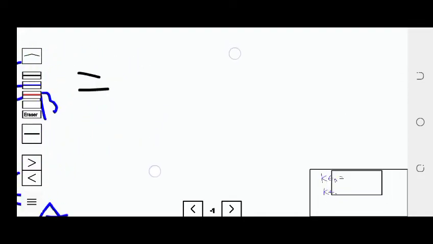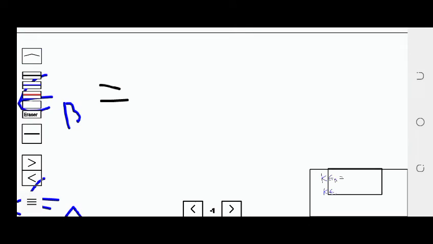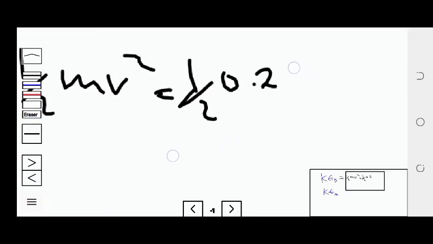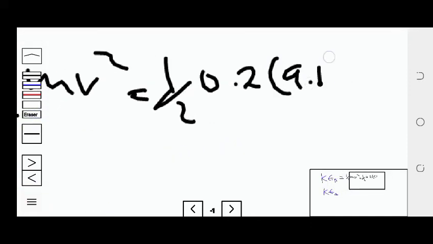So before the collision, the kinetic energy is half mv squared, which is half of 0.2 multiplied by 9.1 squared, and this gives us 8.281.